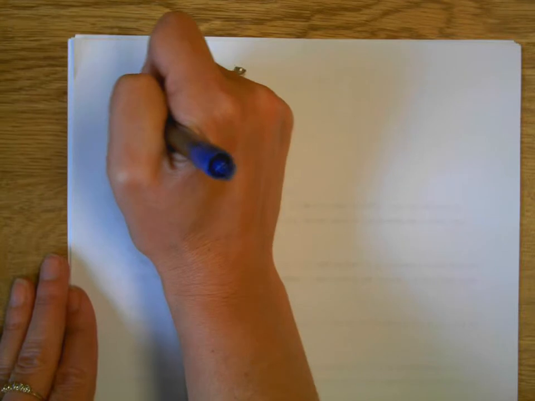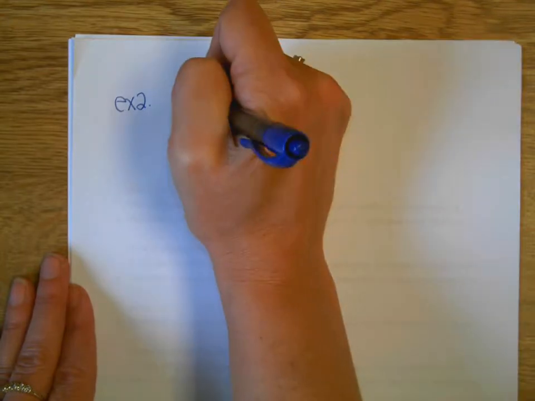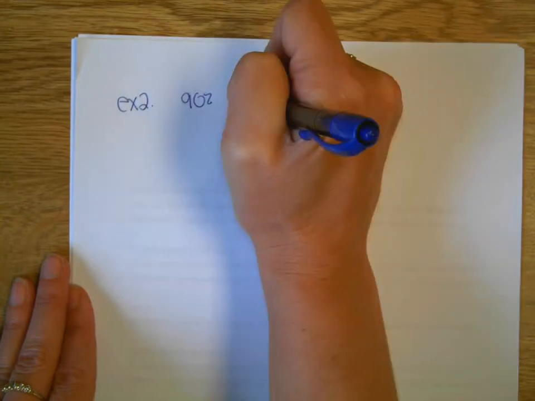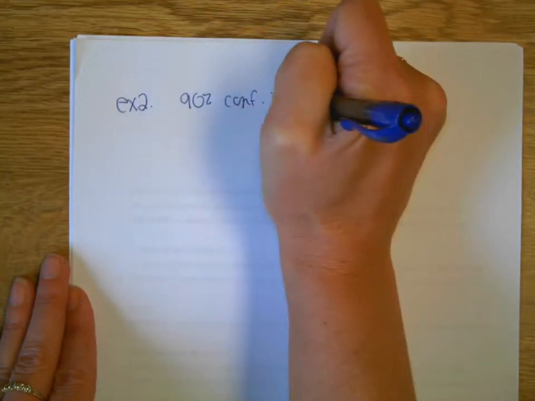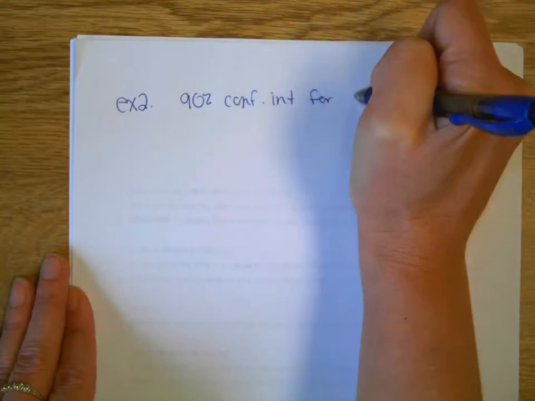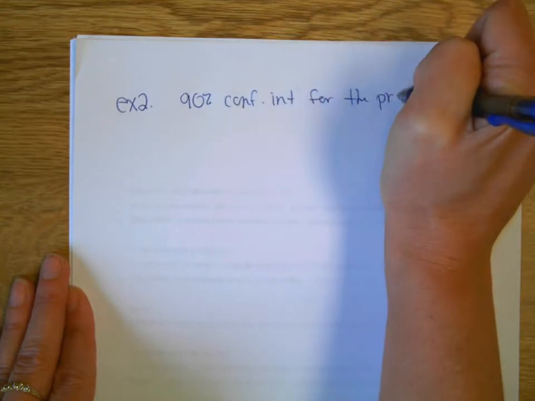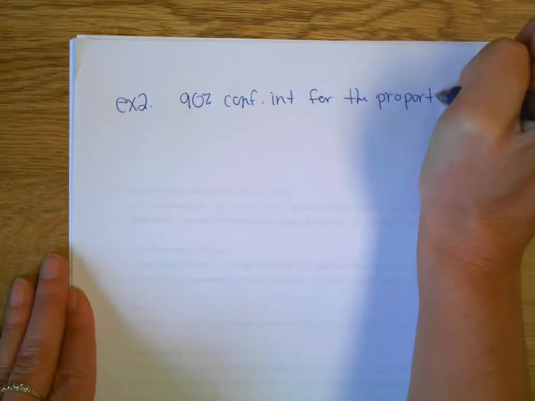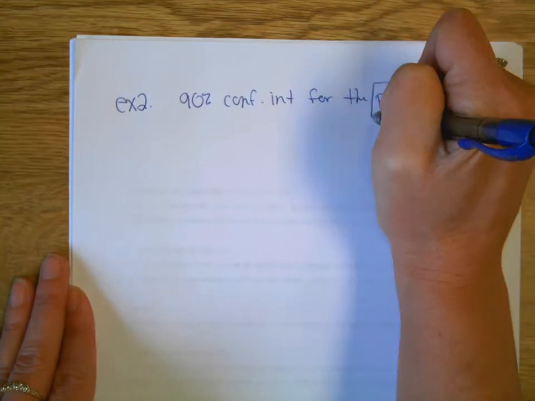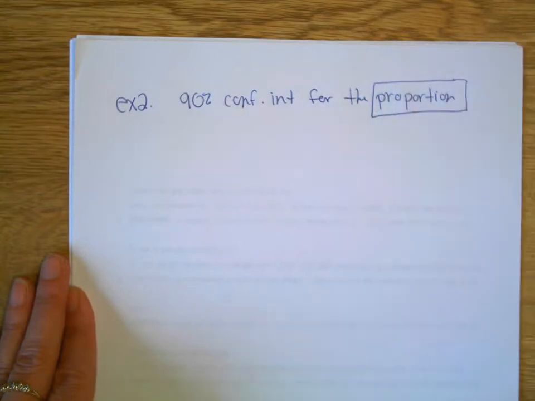Example 2. This shouldn't be as long as the other. Let's see. You wish to estimate with 90% confidence the proportion, there's our key word that tells us to come to this section on our note card, of adults age 18 to 29 who have high blood pressure.